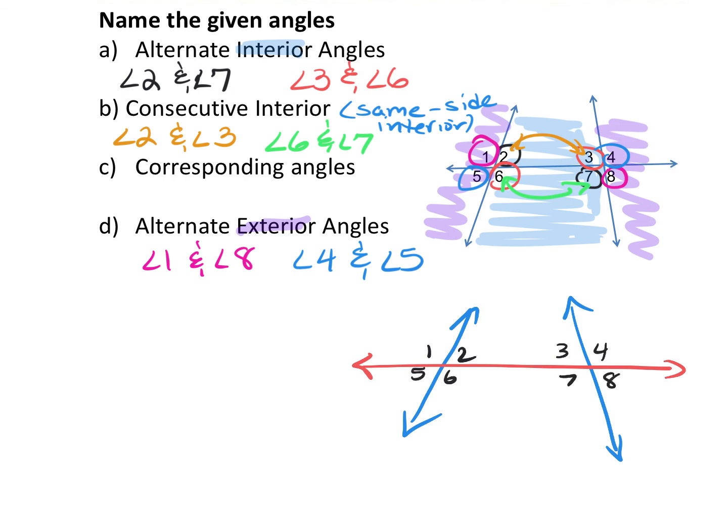And again, I'm going to box it. And again, I'm going to match the corresponding spot. So the top left, 1 and 3 are corresponding. And then 2 and 4 are corresponding. They're in the upper right.